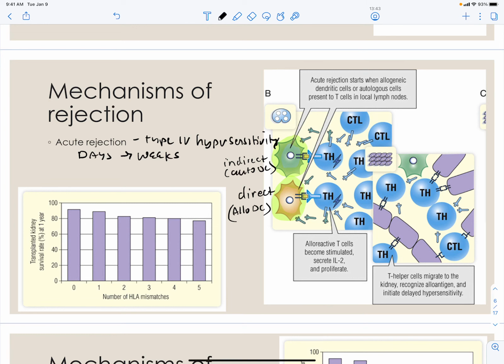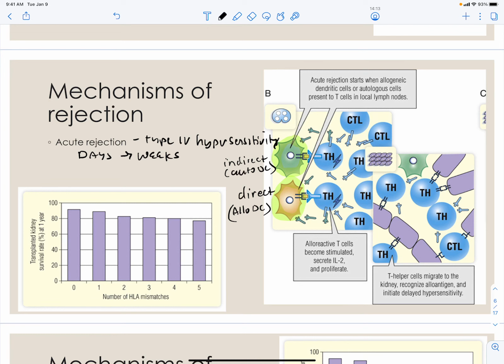This is direct activation. You're taking dendritic cells directly from the tissue to the draining lymph node and activating the T helper cells. Keep in mind that these donor-recipient pairs are HLA matched as closely as possible, and so the MHC molecules on the donor dendritic cell can activate our T cells because our T cells can recognize the allo MHC molecules.